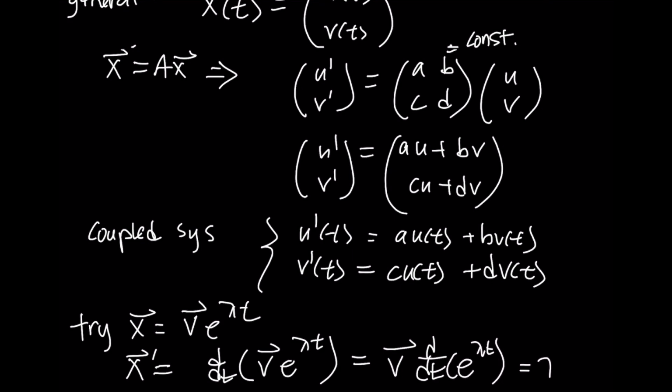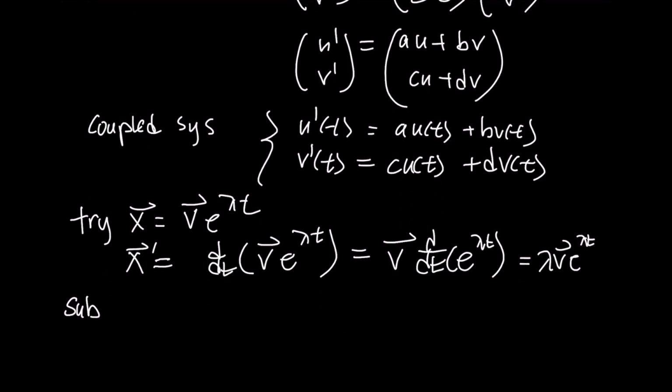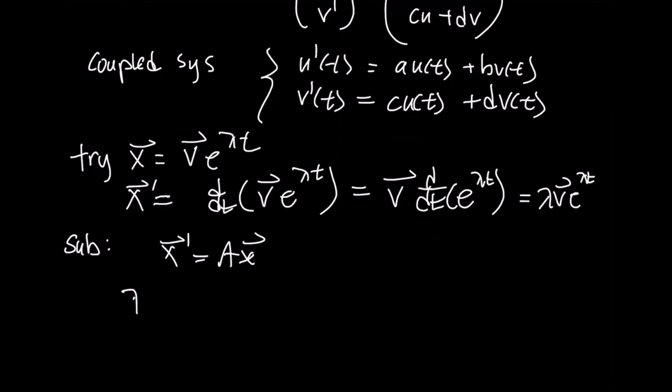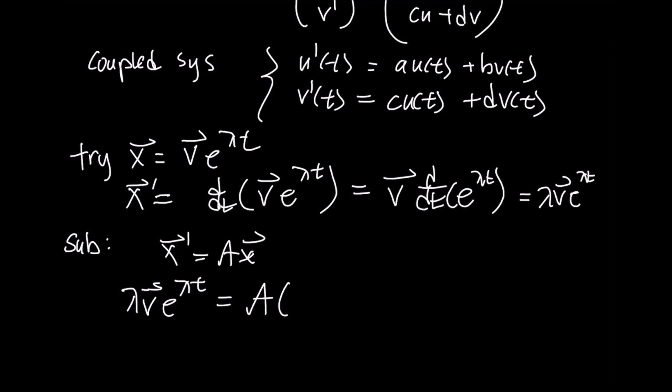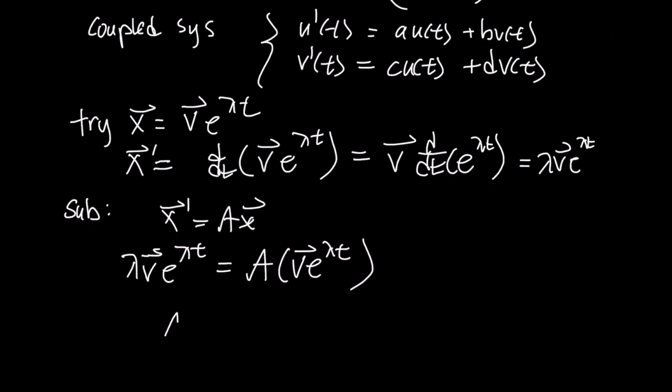What we're going to do is sub this into our system of first order equations, x prime equals A x. This produces lambda v e to the lambda t on the left, and A times v e to the lambda t on the right. Reorganize this equation: A v e to the lambda t subtract lambda v e to the lambda t is the zero vector.